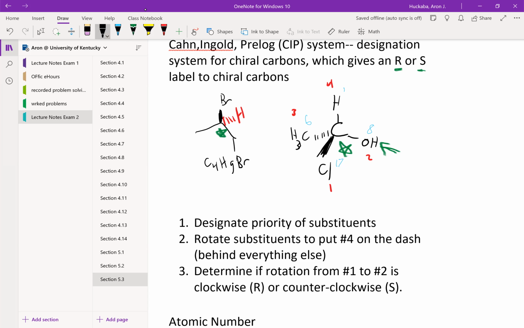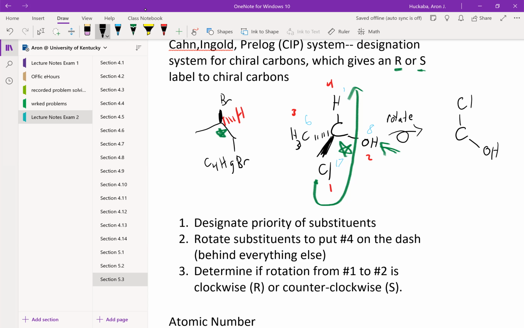So if we rotate, let's say clockwise, or rotate from the Cl towards the H, then we end up with, so here's our carbon and our OH, which was the same. Remember, we kept that stable. So the chlorine, where it was on the wedge, is now going to be on the normal bond on top.